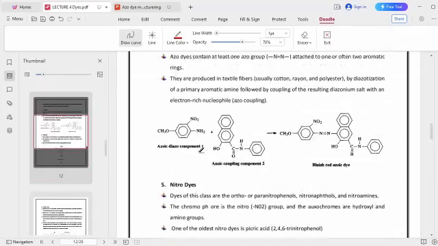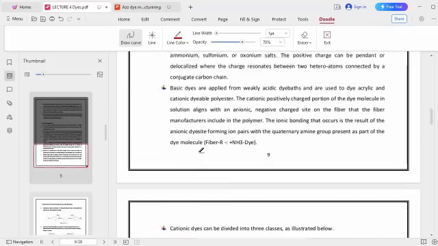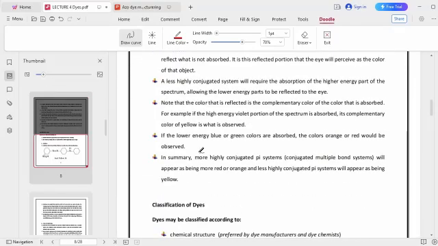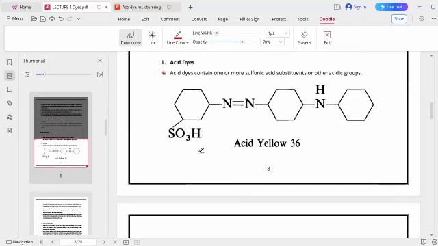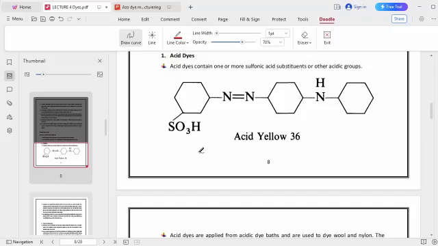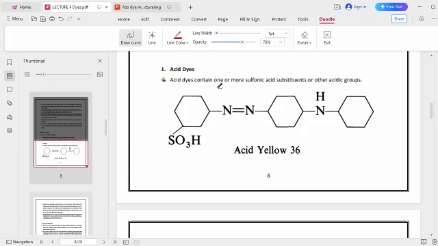Okay, and you are expected to know the different classes of these dyes. So acid dyes are dyes which contain acidic groups in their structure, and most acidic dyes contain what's known as a sulfonic group.